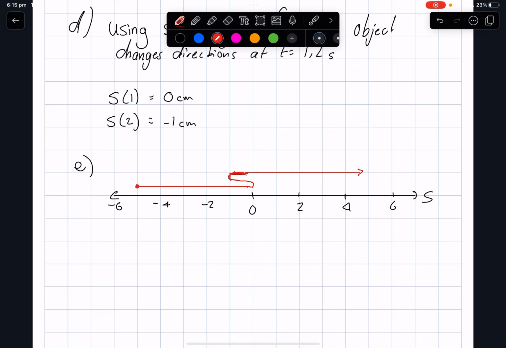If I had a motion diagram between t equals 0 and 10, I would have to find S of 10 and put that in. So your key features: I need my starting point, I need my 2 turning points, and maybe an end point if required. But that is essentially a motion diagram.